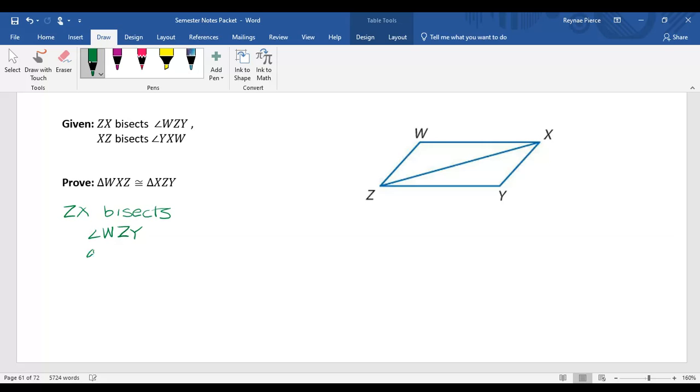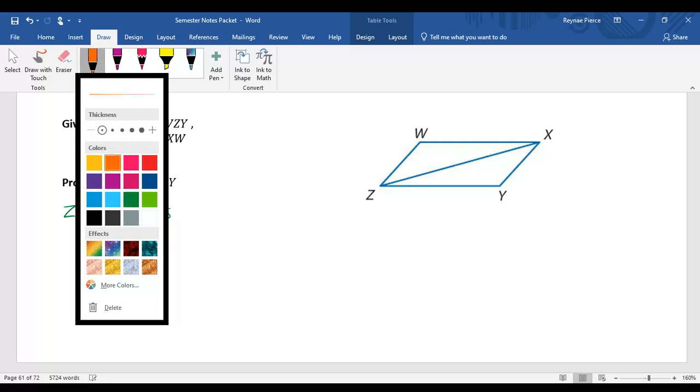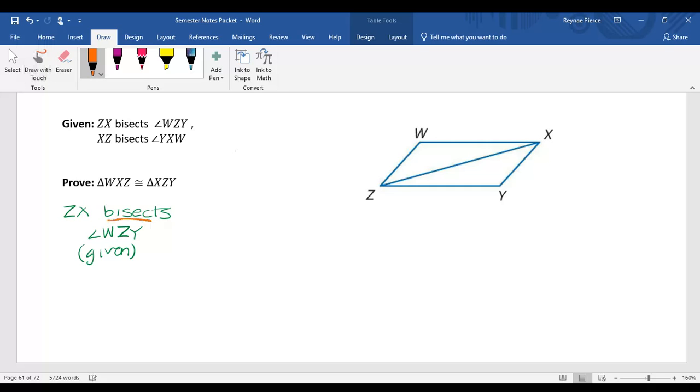Okay. When we see that vocab, if WZY is bisected, then angle WZX is congruent to angle YZX.